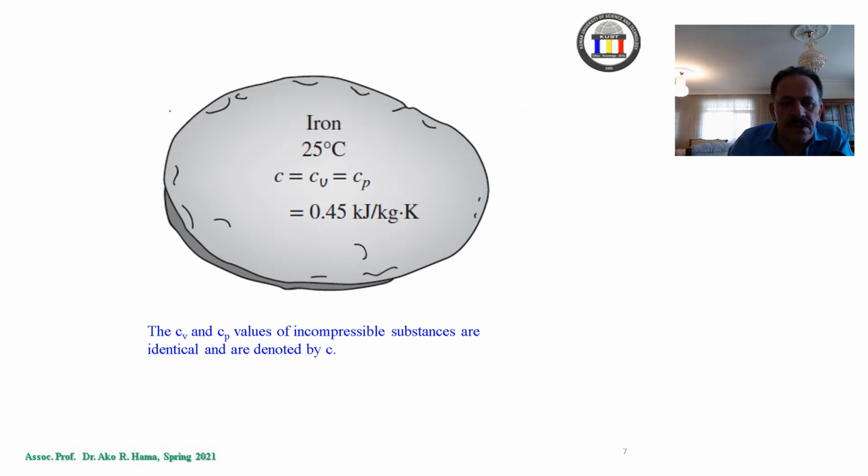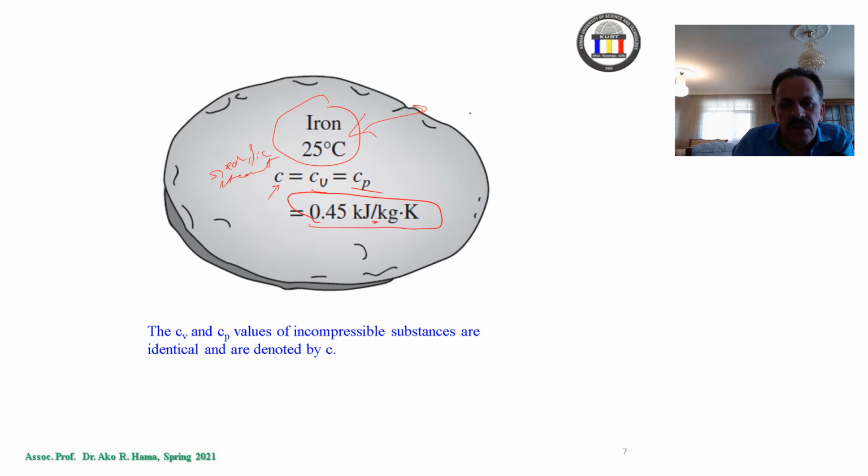For example, for 1 kilogram of iron at room temperature, the specific heat C, this will be C sub V and will be C sub P, and it's 0.45 kilojoule.